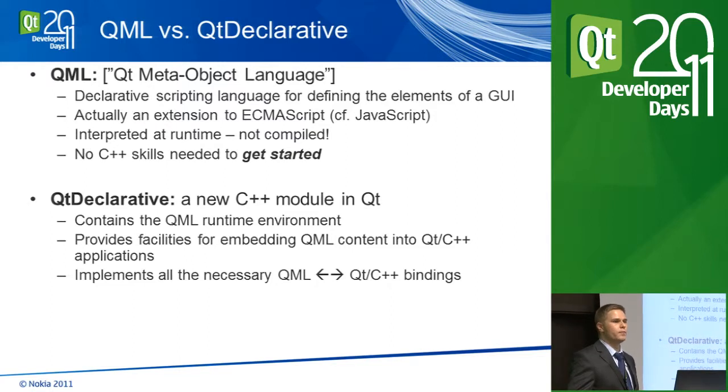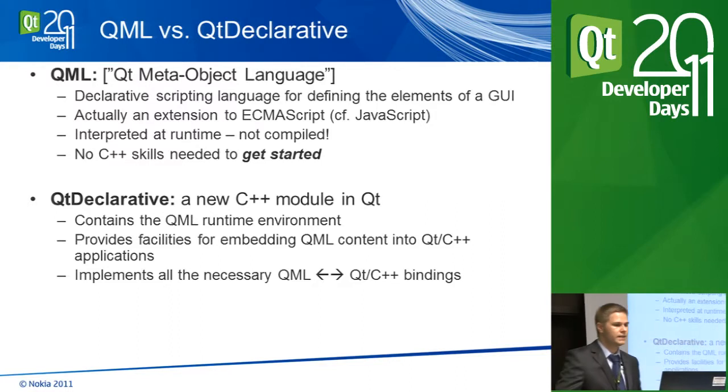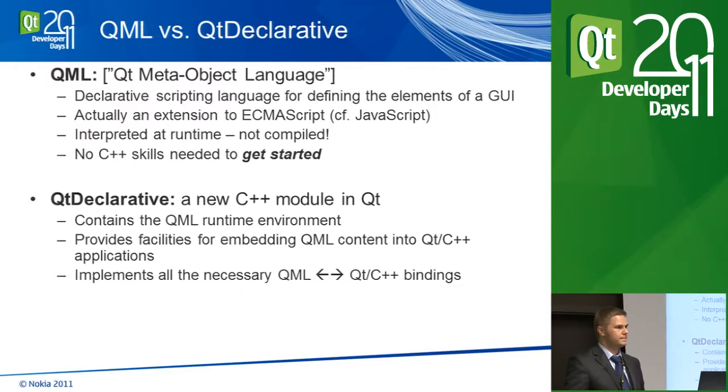It provides a number of mechanisms that you can use for implementing communication between your C++ application and your QML UI. And that's something that we are going to discuss in detail later today. This is really one of the important parts of using Qt Quick.